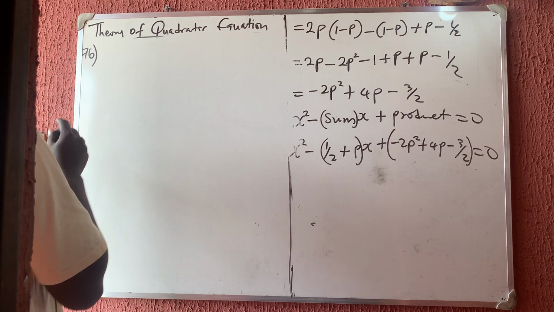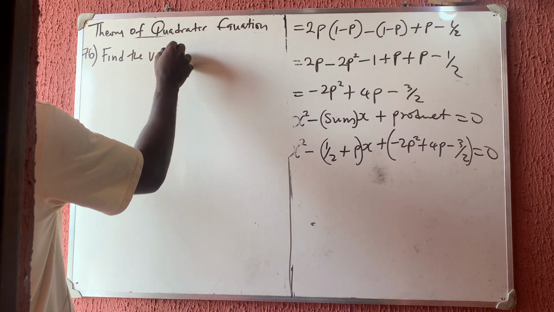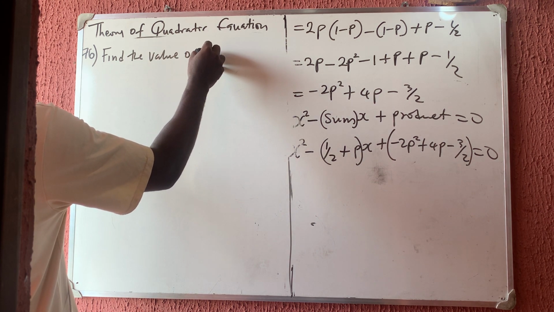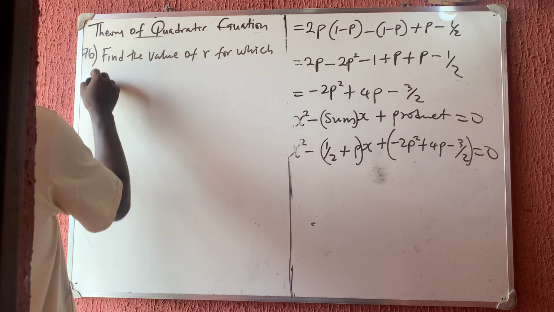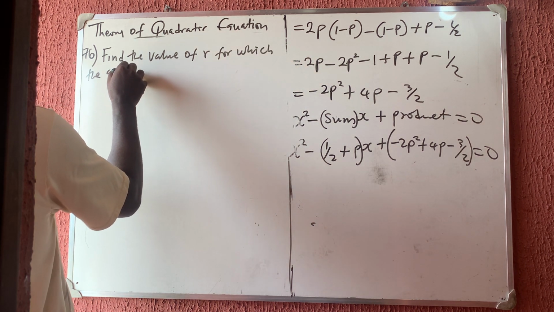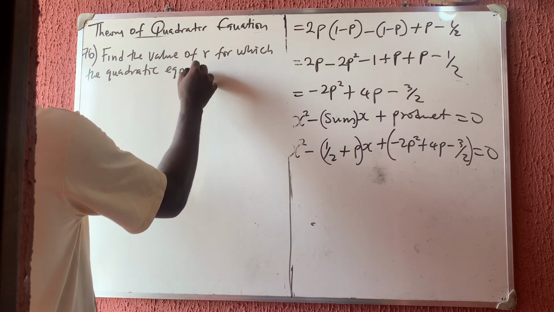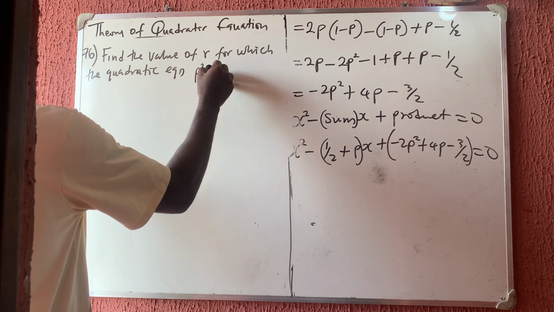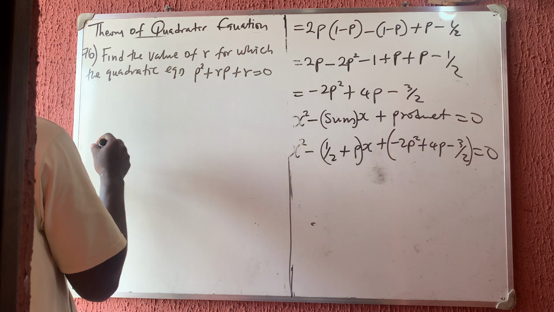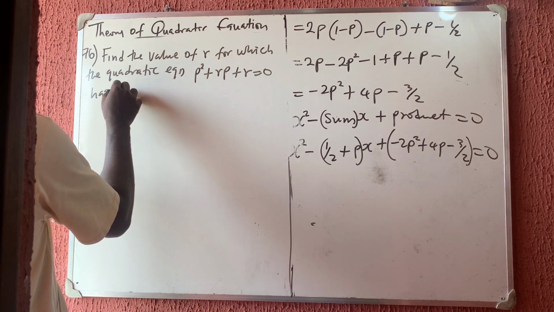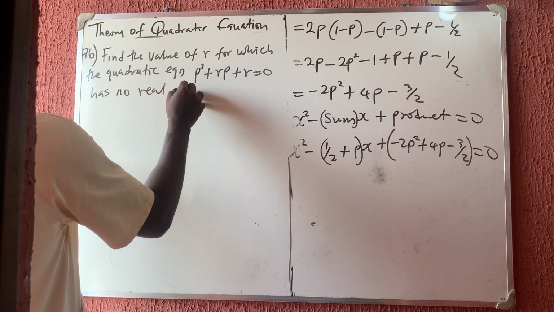For question number 76, they say find the value of r for which the quadratic equation p squared plus rp plus r equal to 0 has no real roots.